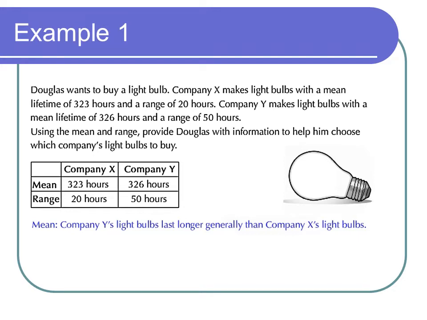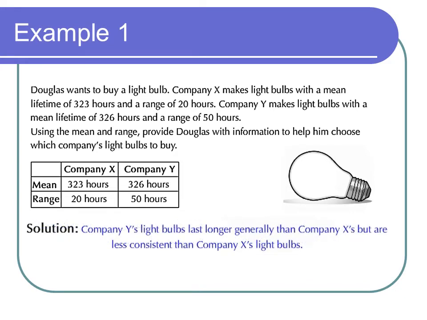As this is larger for Company Y, this means that there is more variation in lifetime, and Company Y's light bulbs are less consistent than Company X bulbs. So Company Y's light bulbs last longer generally than Company X light bulbs, but they are less consistent than Company X light bulbs.